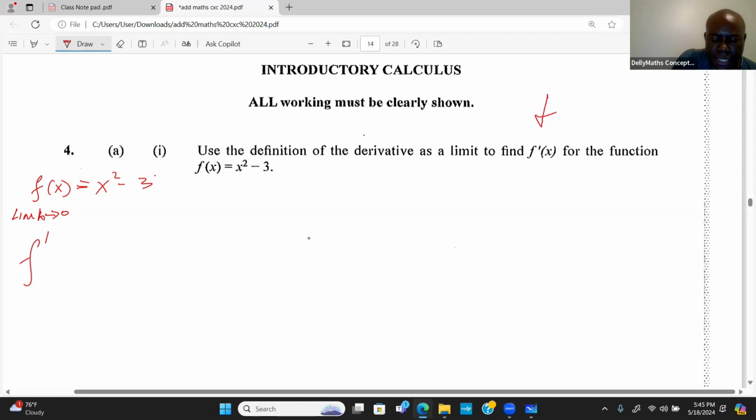So this is what it says. The derivative of this is going to equal f of x plus h, minus f of x, all over h, which is our small change. So basically, it's a small change in y over the small change in x, but this is how it works.